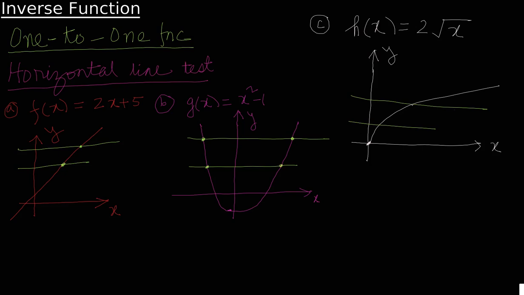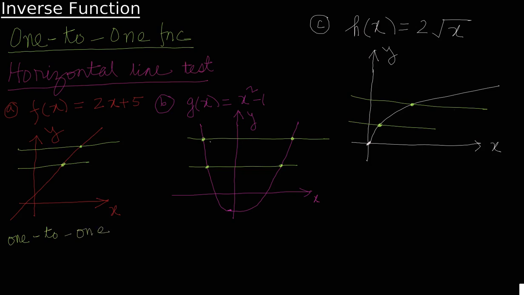For the third one, each horizontal line intersected at only one point. So my first function is a one-to-one function.